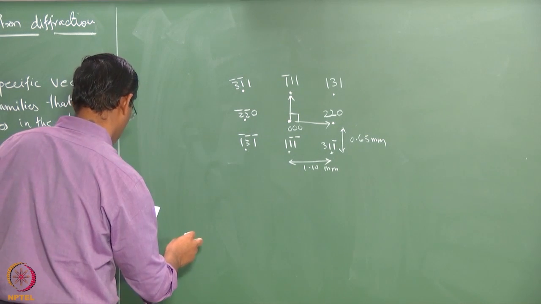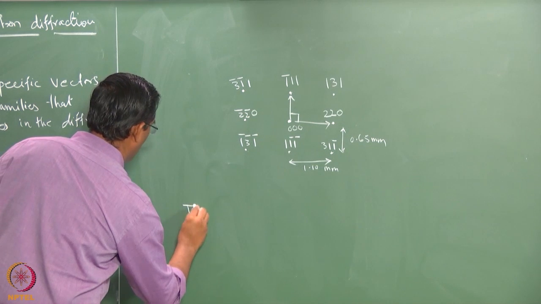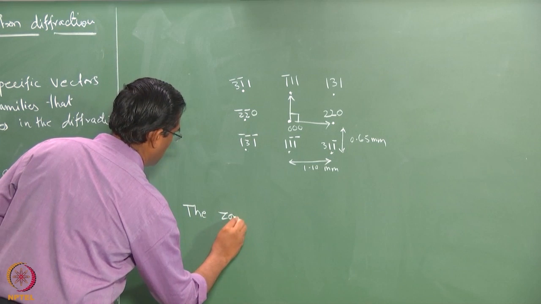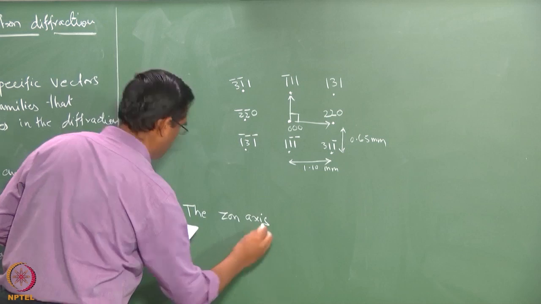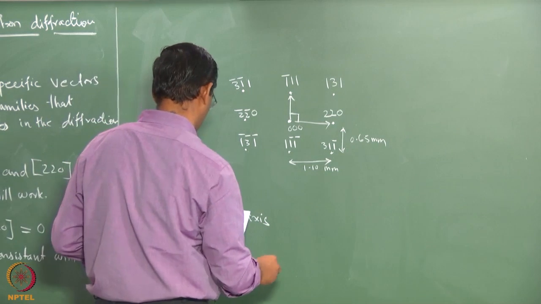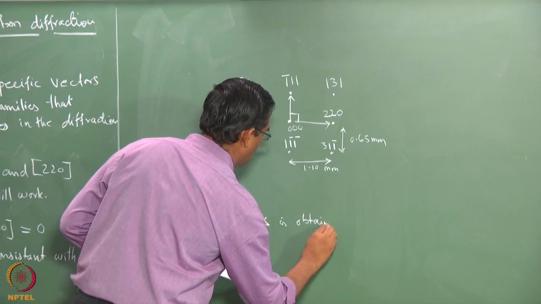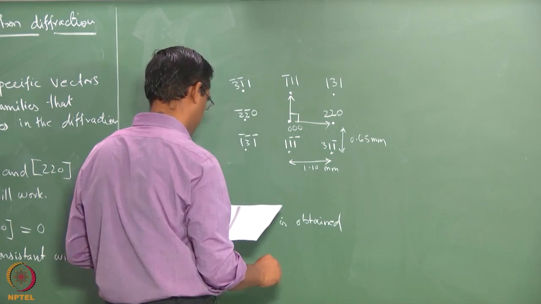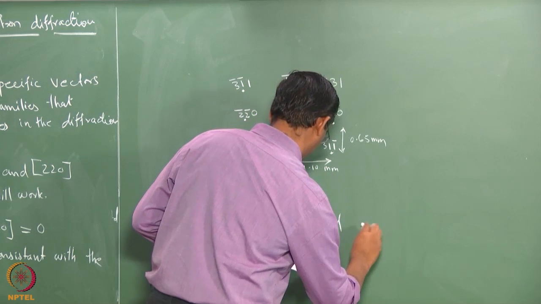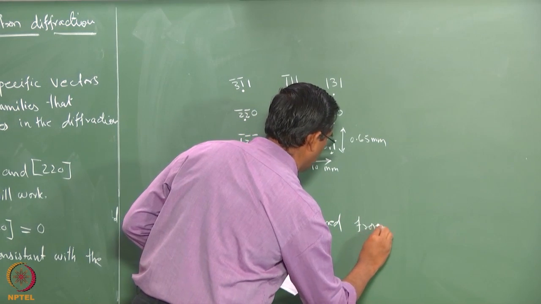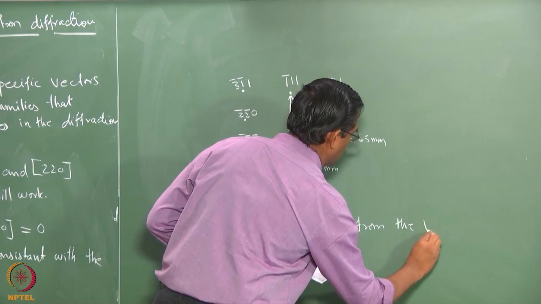The zone axis is obtained from the vector product.